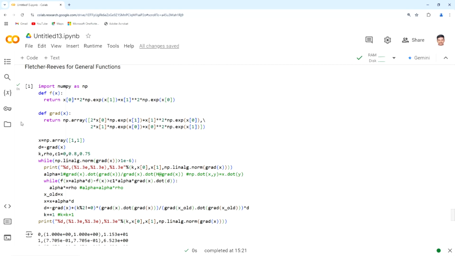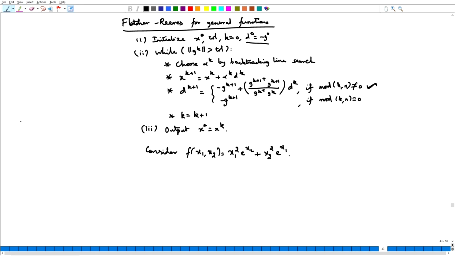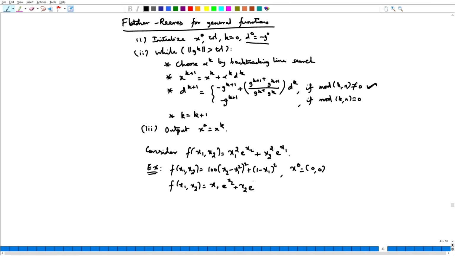So, you can recall the functions that I gave you during the gradient descent lectures, right. So, as an exercise you can work out these functions, the Rosenbrock function with x naught equals 0 comma 0, and you can again start this with 0 comma 0.